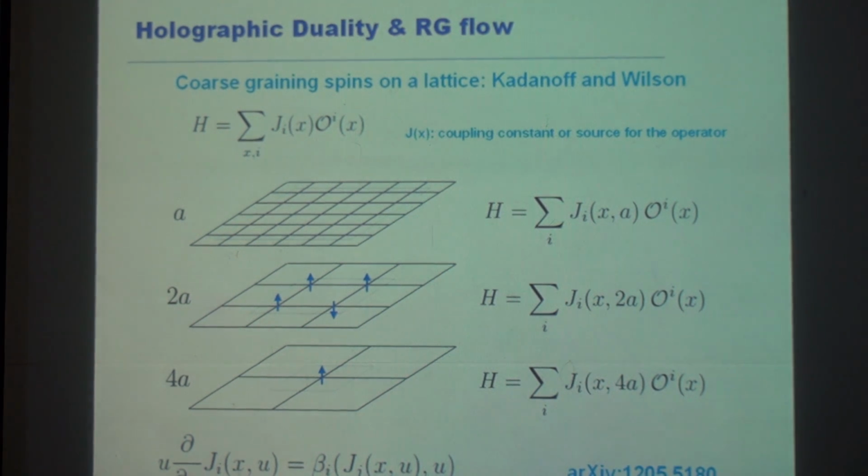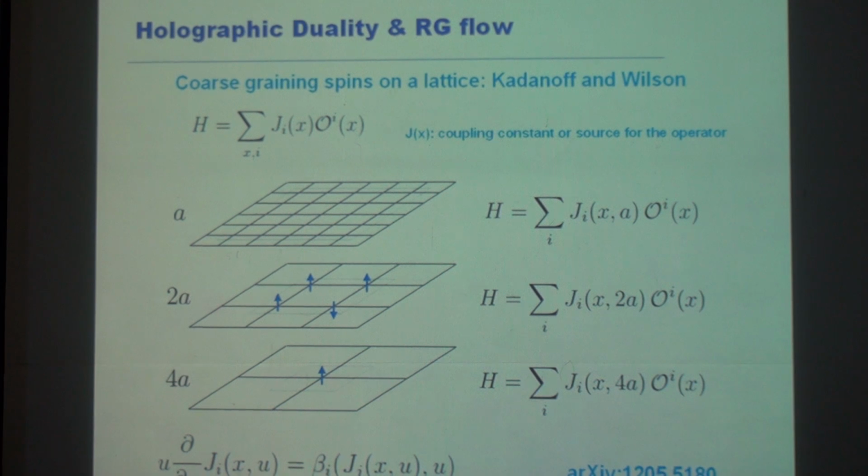For example, when you consider spins on a lattice, you put this spin system on the lattice. This is your UV: you put the Lagrangian at UV, and this is the operator, and this is the coupling, the coupling of the source. You put this system on your lattice and do the simulation.